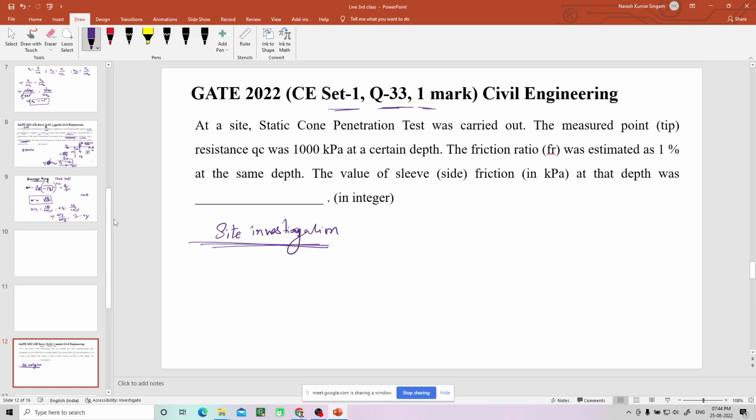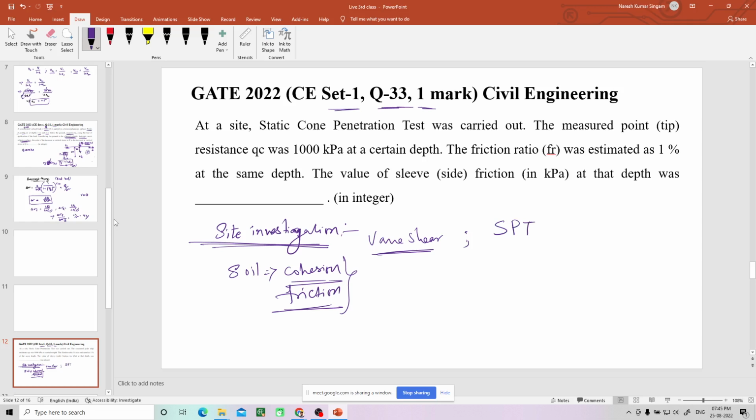So generally what does soil have? Cohesion, then friction. So these are the main shear strength parameters of the soil. These two can be found from the lab or from the in situ test. Vane shear test is one of the tests which can be done in the laboratory or in the in situ also.